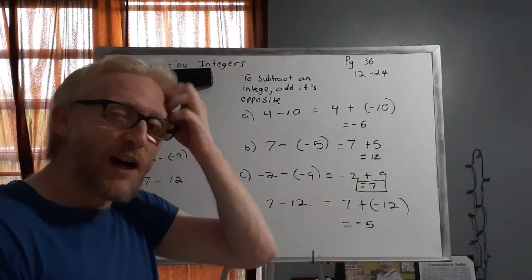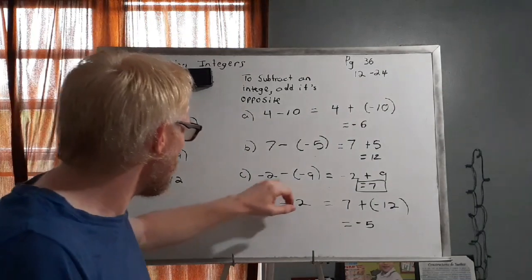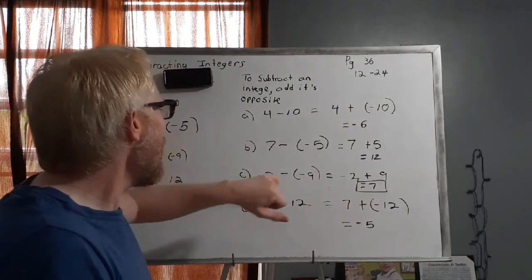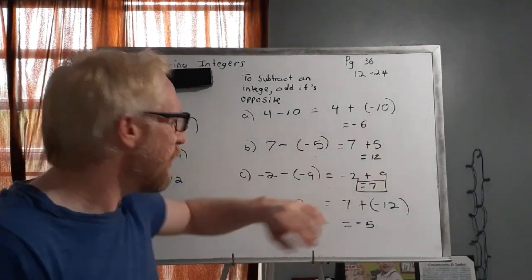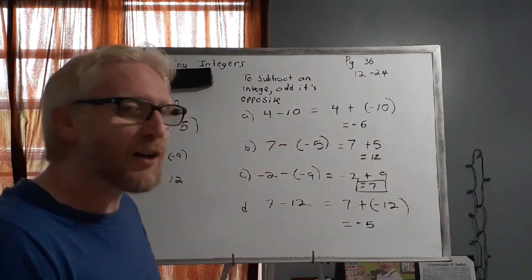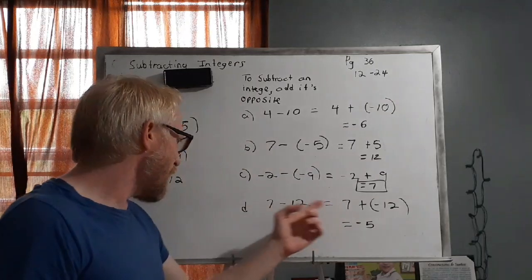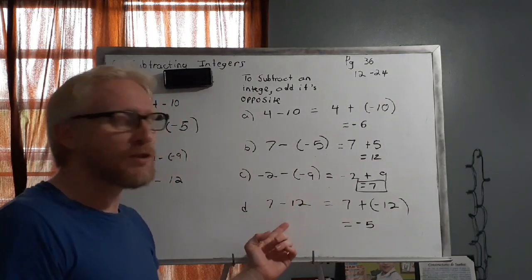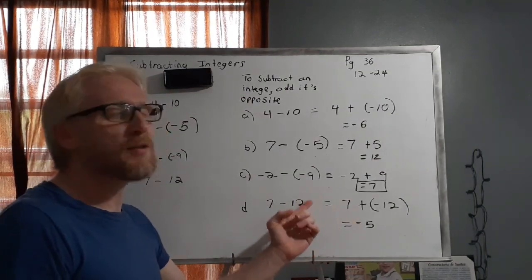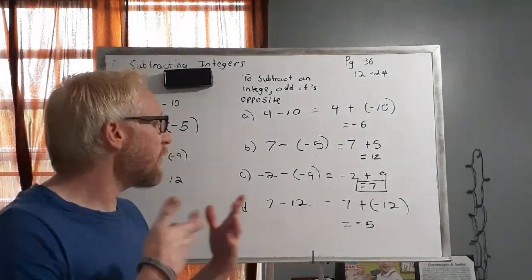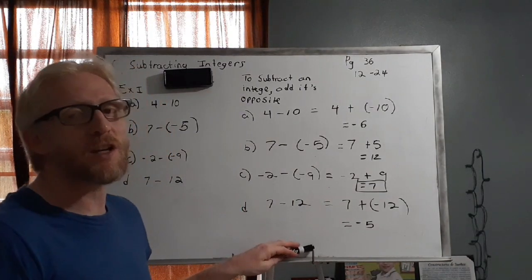Negative 2 minus negative 9, again we add the opposite, so the minus sign turns into a plus, the negative 9 turns into positive 9, and negative 2 plus 9 is positive 7. And finally, 7 minus 12: the minus sign turns into a plus sign, and the opposite of positive 12 is negative 12. 7 plus negative 12 is negative 5.